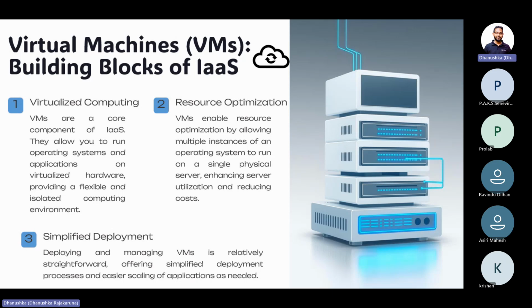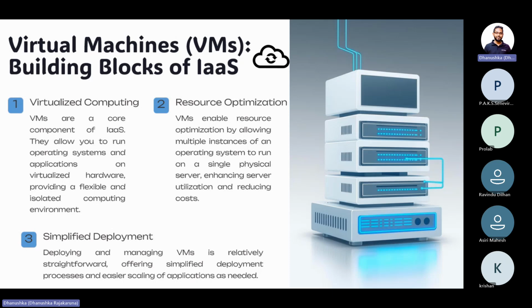So the conclusion: virtual machines are the cornerstone of IaaS, offering flexibility, resource optimization, and simplified deployment. While containers are gaining traction for cloud-native applications, VMs remain indispensable for legacy systems, multi-OS requirements, and isolated environments.